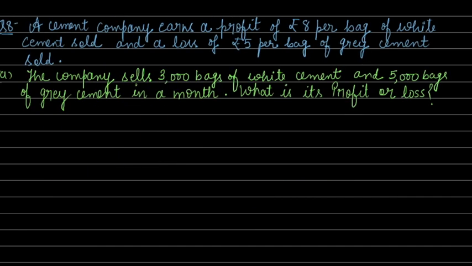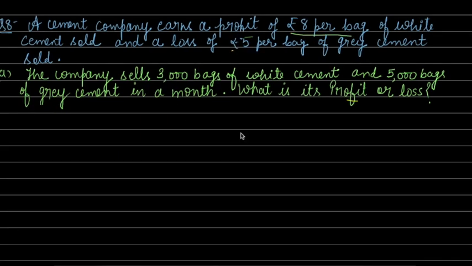Let's see question number 8. A cement company earns a profit of rupees 8 per bag of white cement sold and a loss of rupees 5 per bag of grey cement sold. So there are two colors of the cement bag. One is given as white cement bag, and another is grey cement.